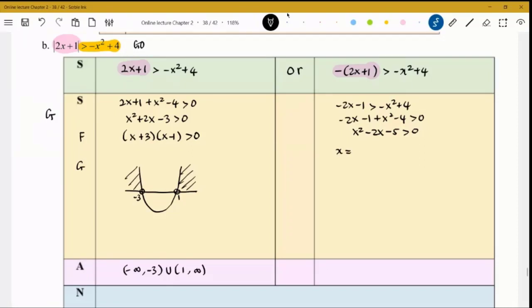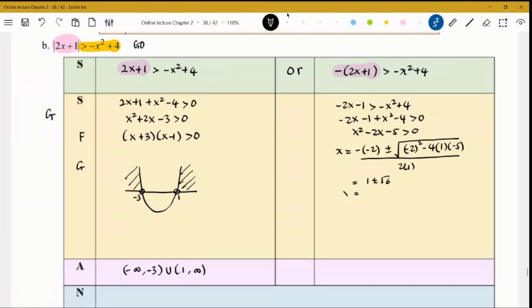So kita akan dapat negative negative 2 plus minus square root of b square minus 4 times 1 times negative 5. Yang ini perlu tunjuk. So 2 times 1. Okay, so terus bagi jawapan. So jawapan dia akan dapat dalam bentuk surd kalau kamu menggunakan calculator. So we're gonna have 1 plus minus square root 6.